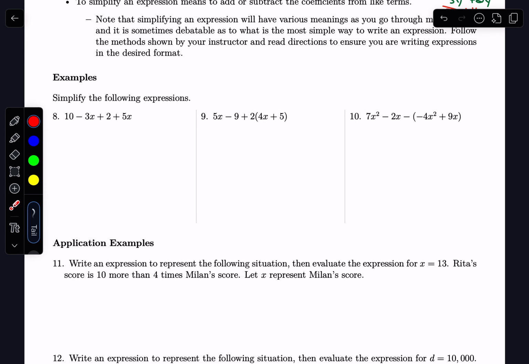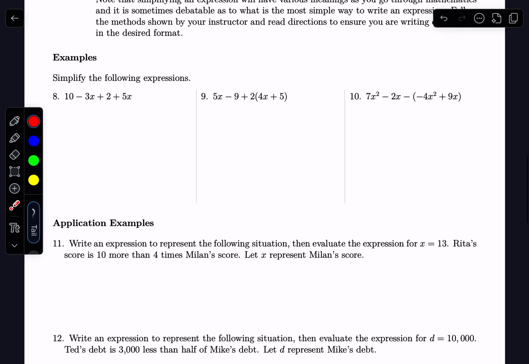All right, so now we're going to do some simplifying. And numbers 9 and 10, we're going to introduce the distributive property, which is arguably the most important property that we have when simplifying expressions. But first, number 8. So in number 8, we have 10 minus 3x plus 2 plus 5x. What you're looking for when simplifying expressions is like terms.